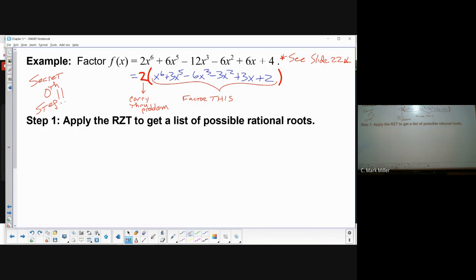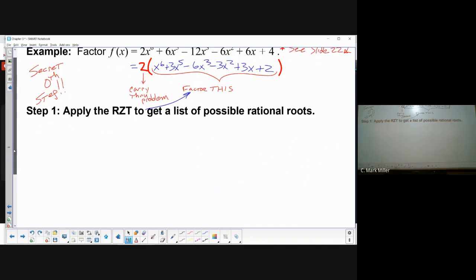But we are going to work on factoring this. Now, we're going to apply the RZT to this, not to the original one, but to that. Because if I can find out where that equals 0, then my original one will equal 0. And factoring that 2 off is going to save me some steps.